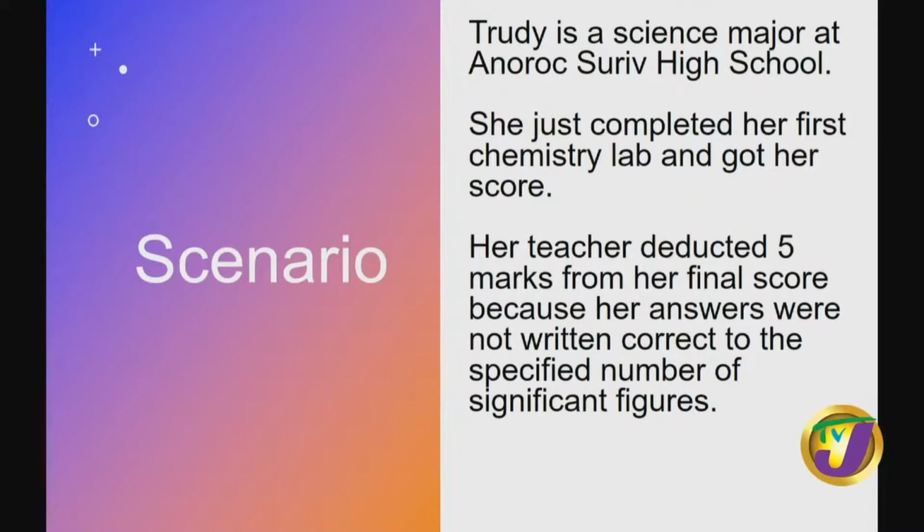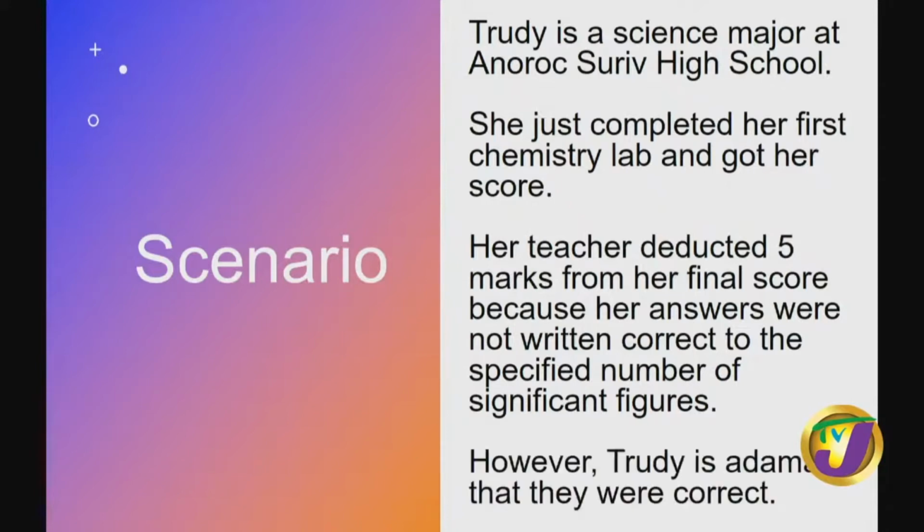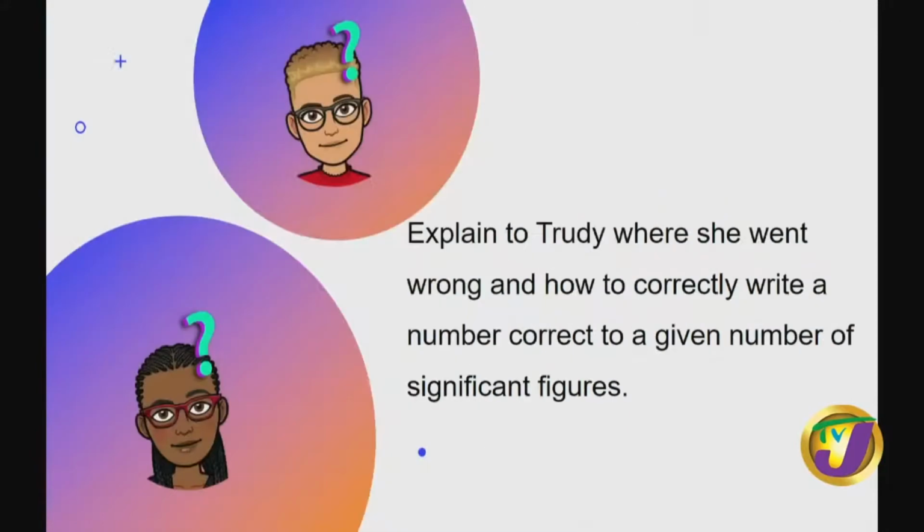Her teacher deducted 5 marks from her final score because her answers were not written correct to the specified number of significant figures. However, Trudy, maybe like me, was very adamant that her answer was correct. So our job is to explain to Trudy where she went wrong and how to correctly write a number correct to a given number of significant figures.